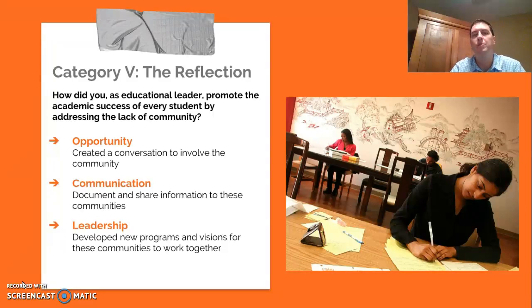We also need to model proper communication. We need to show documents and share information with the community because students are seeing that information. And then we need to provide students and staff and Mrs. Rose opportunities to establish new programs, to take on initiatives, and to really practice leadership.